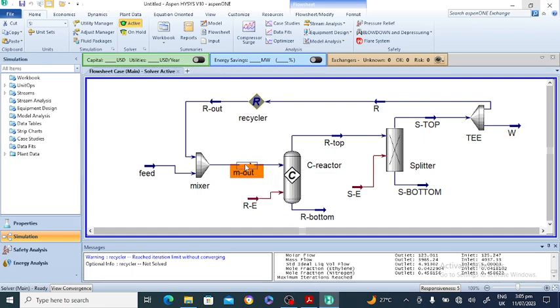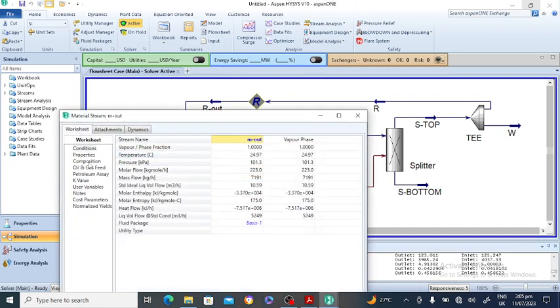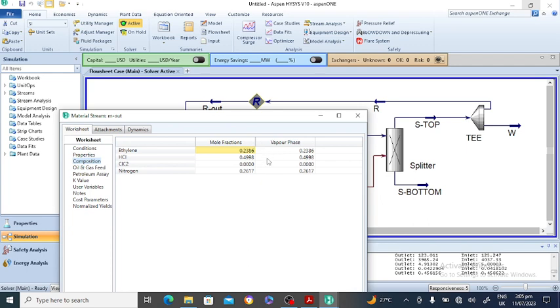Now double click on this one and see the composition. It is now 23%, so this is decreasing. When I decrease this value, this flow rate and this flow rate increase. The ethylene percentage decreases and the HCl percentage increases.